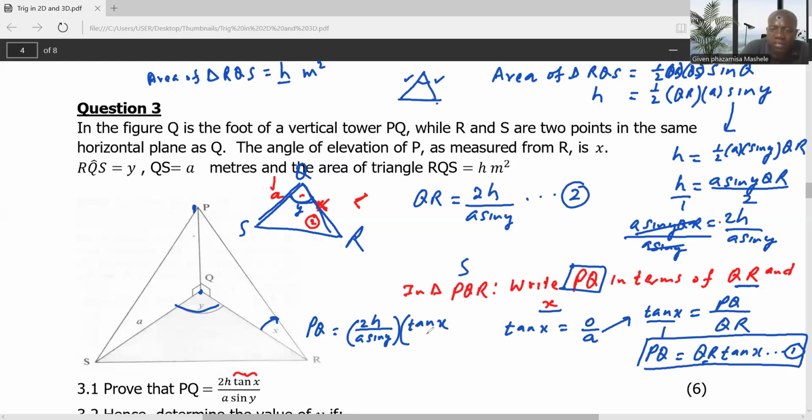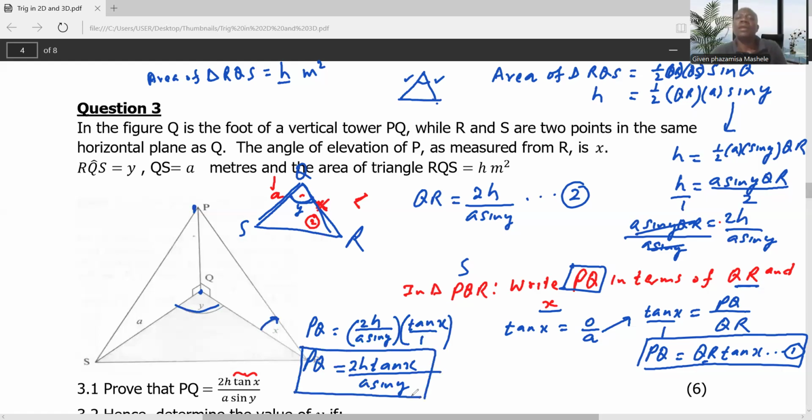And since this is a fraction, it should be over 1. Let's now multiply the numerator. PQ will be 2H tan x divided by the denominator, A sine of Y. So we have now proved the expression. Very important: you need to consider what you are given. Use what you are given. Okay?